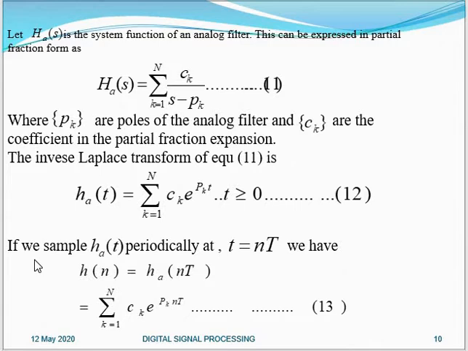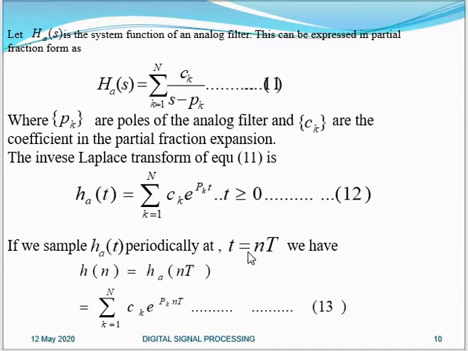The analog signal is sampled, that means we are now discretizing the signal. So now we are sampling the signal periodically. t equals nT. This is the basic thing of digital. Whenever t is equal to nT, you are moving from analog to digital.